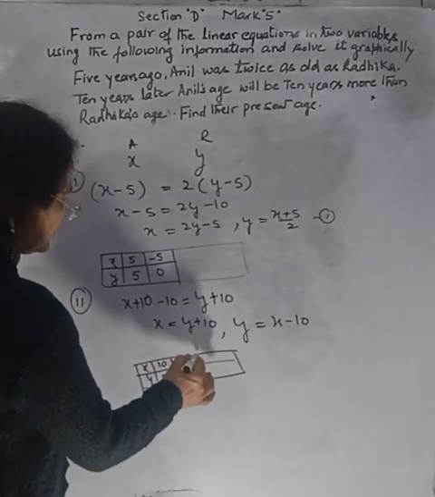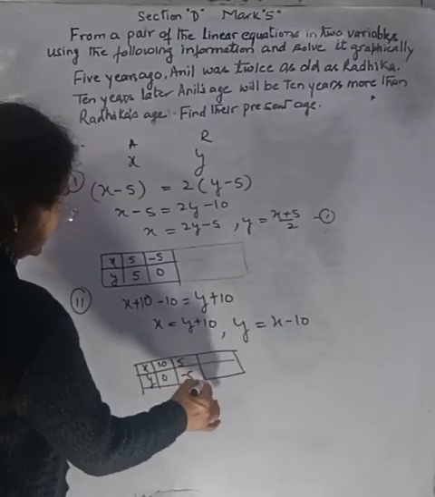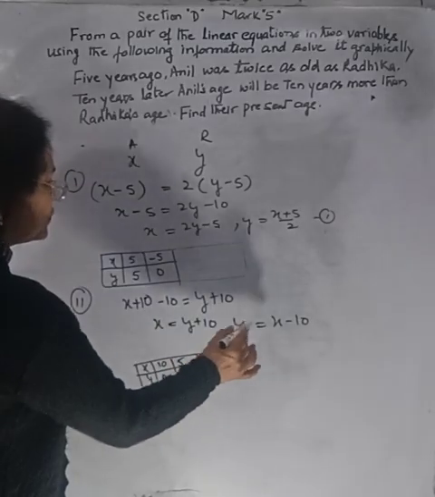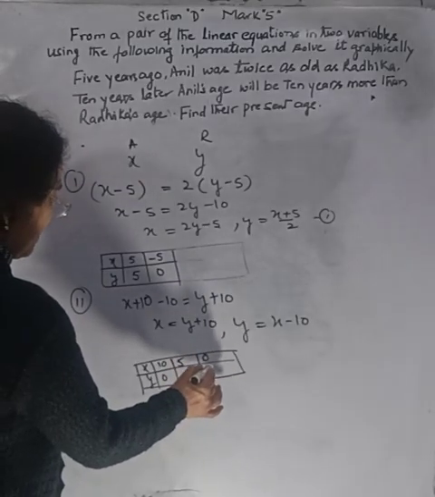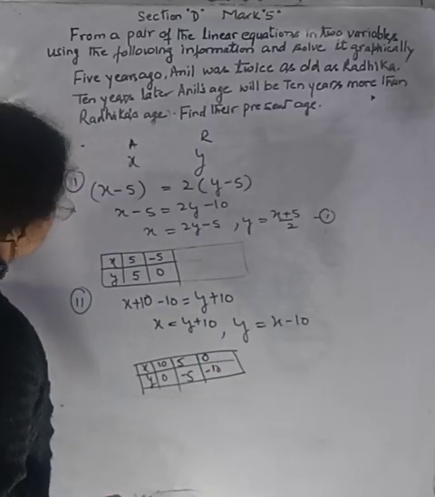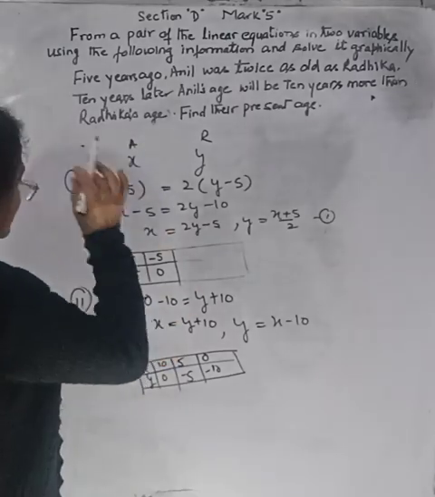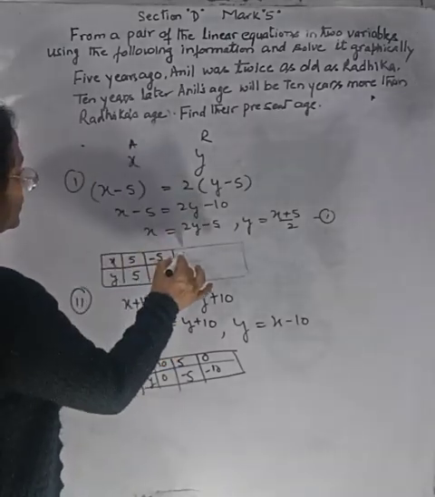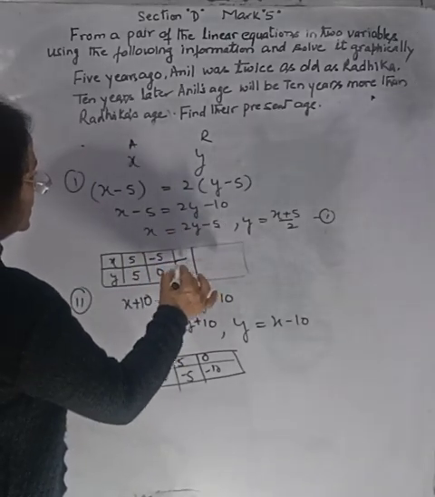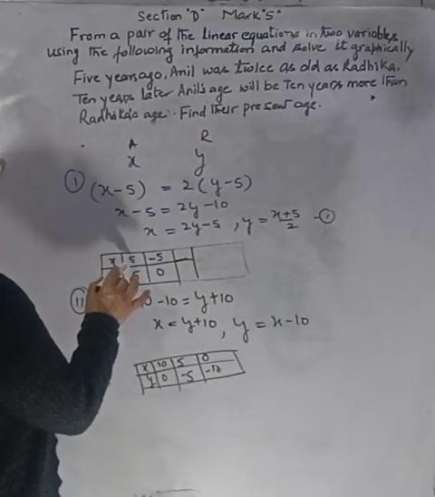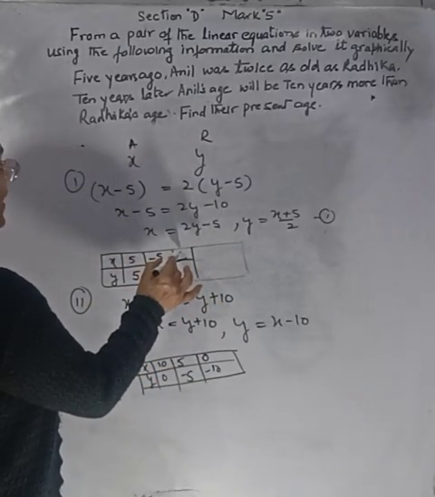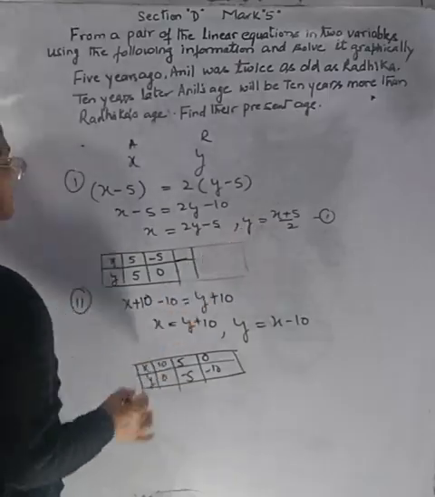And if X is equal to 0, then Y is equal to what? Minus 10. These are the readings. Here we can also put the value X is equal to 0, but that is not to be done.